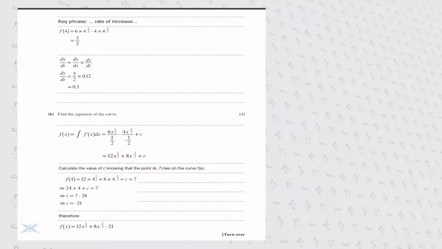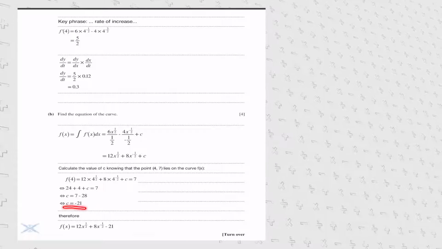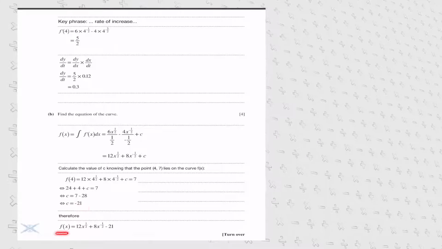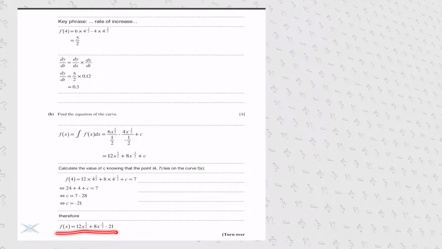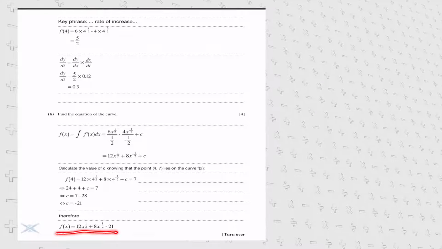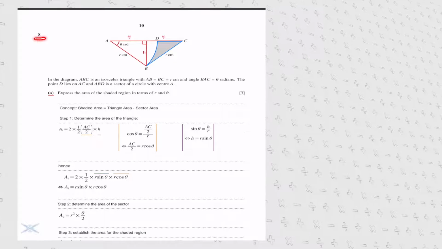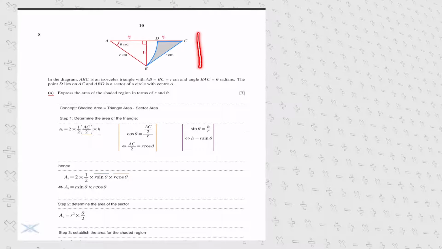From here we just rearrange our equation for c and should arrive at the conclusion that the value of the constant c is -21. Therefore, the equation for the function f equals 12x to the power of 1/2 plus 8x to the power of -1/2 minus 21.